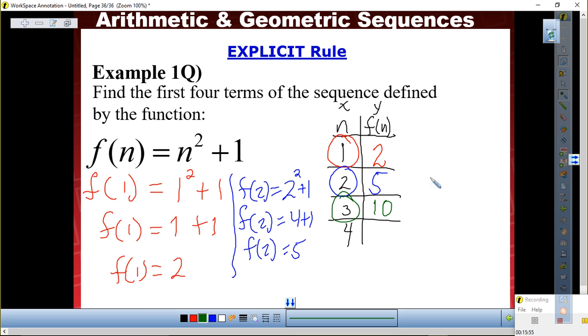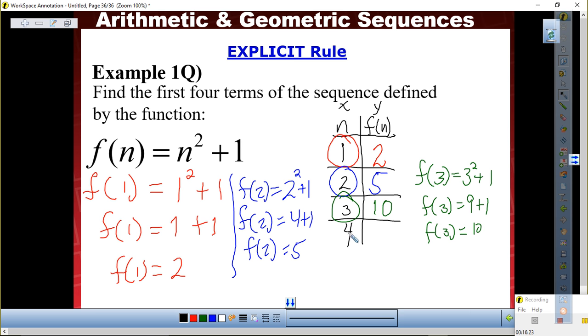Here goes. Let me show you that one. F of 3 is 3 squared plus 1. What is 3 squared? 9 plus 1. What is f of 3? 10. All right. What is f of 4?